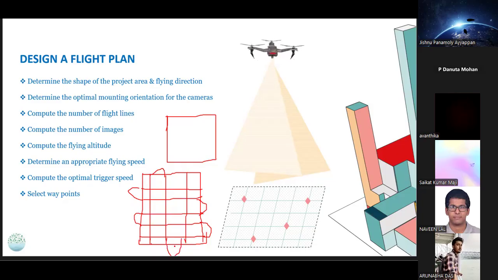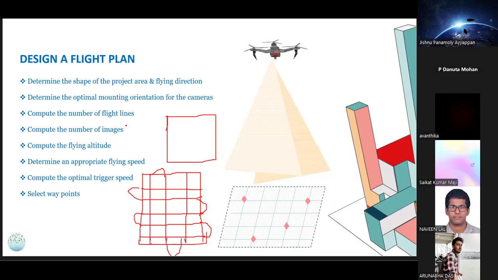If you count the number of turns along the longitudinal path, it is very few. The number of turns has been minimized drastically. So the best way is to always fly the drones parallel to the longest dimension of the project to have a successful and efficient flight.